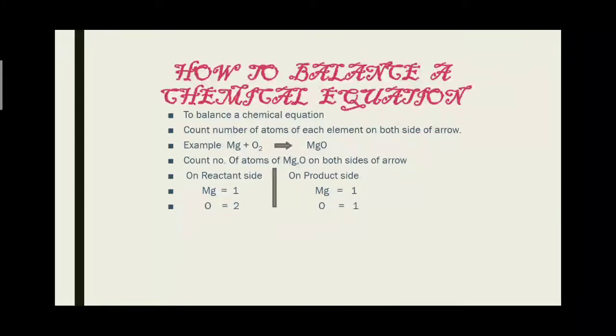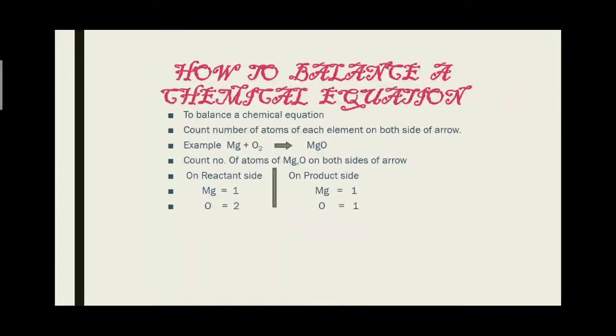So here I have taken the example of the activity 1.1 reaction equation, that is Mg plus O2 gives us MgO. When we burn magnesium, it gives us magnesium oxide. Now this equation is not balanced.